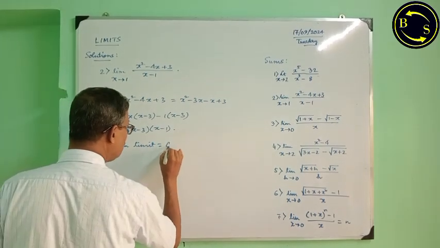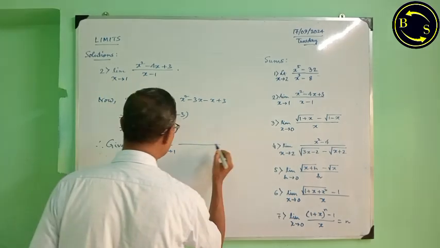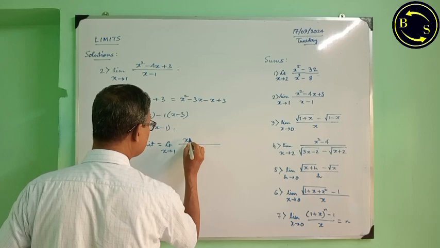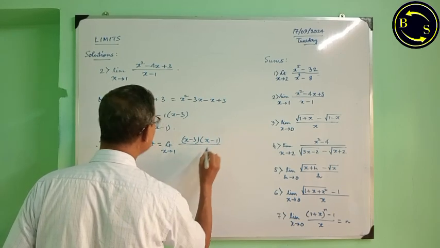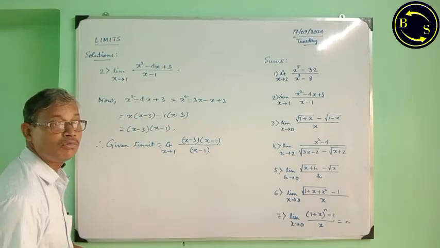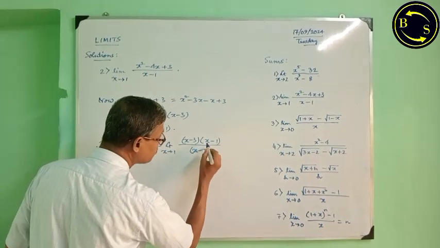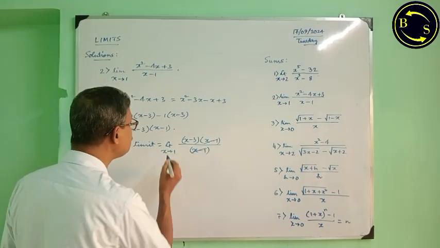is equal to limit x tends to 1. Now, numerator is x minus 3 into x minus 1, denominator x minus 1. Now, we cancel x minus 1, keeping in mind that x is not equal to 1.